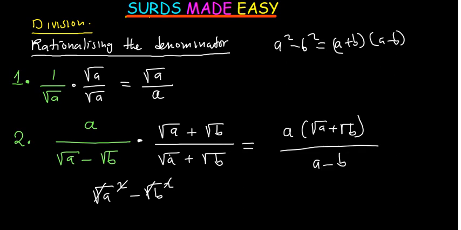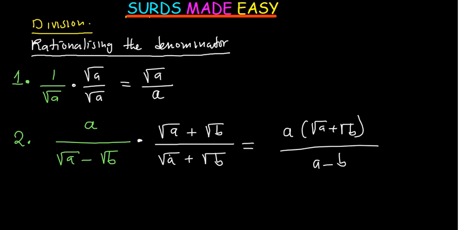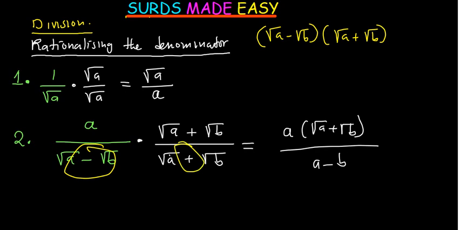And how do you get it? Let's show. So what we have is root of a minus root of b multiplied by root of a plus root of b. And we've already done how to multiply surds. So it will be root of a times root of a, which is just a. And then root of a times root of b.